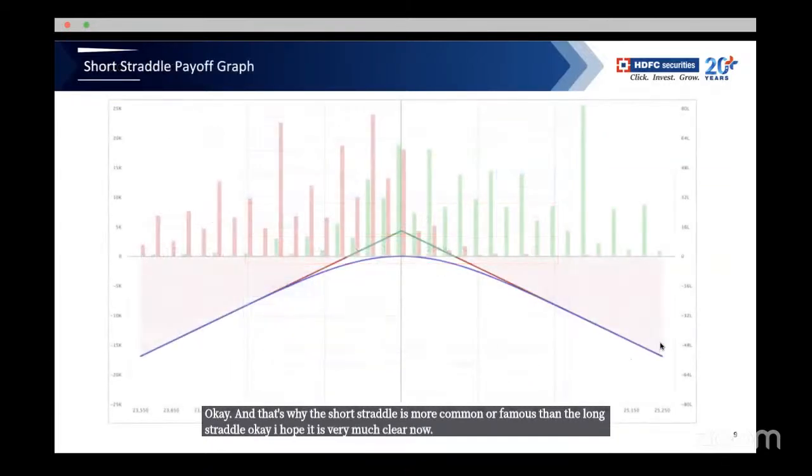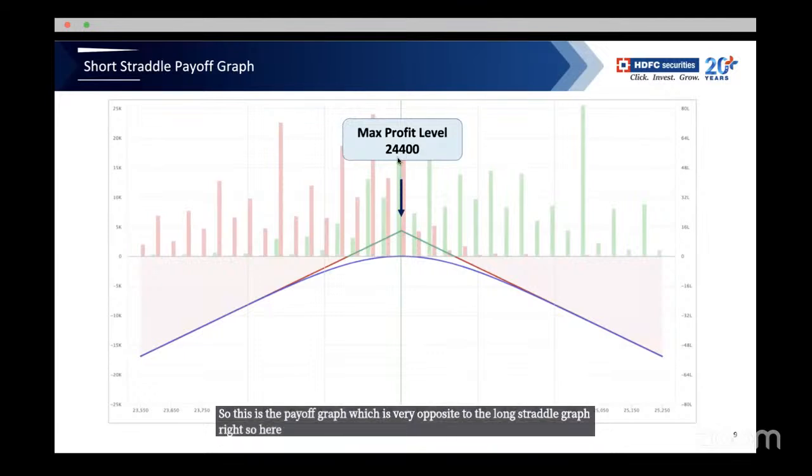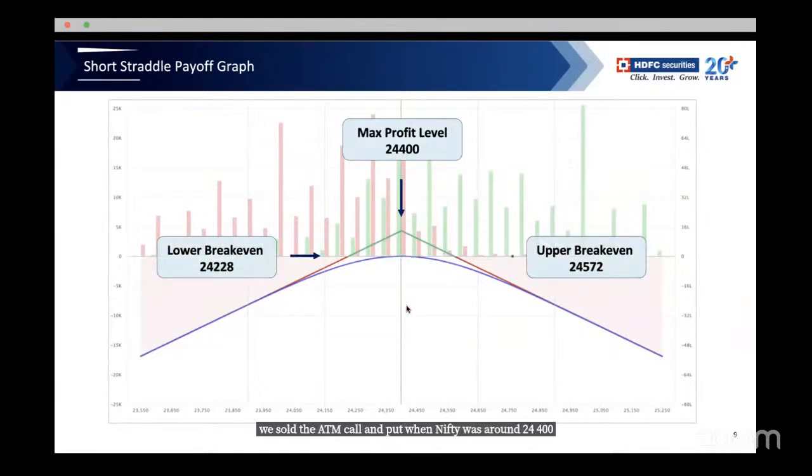Now let's look at the payoff graph. This is the payoff graph, which is the opposite of the long straddle graph, right? Here we sold the ATM call and put when Nifty was around 24,400, and we expected it to remain range bound. So we have the break-even points.